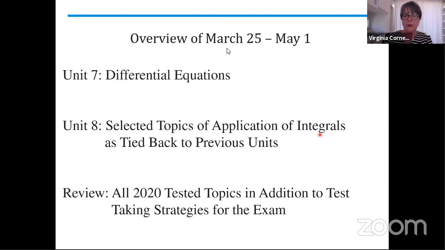We are doing those because they track very nicely to previous units that are being tested. As many of you already know, AP Calculus this year is not testing anything directly in Unit 8, but many of those first 4 units have nice tiebacks.